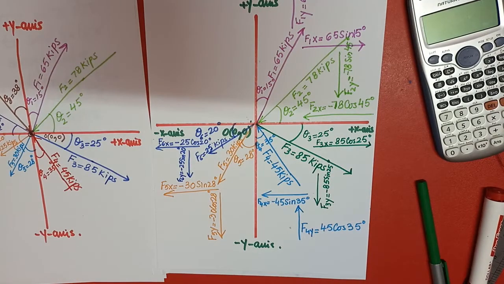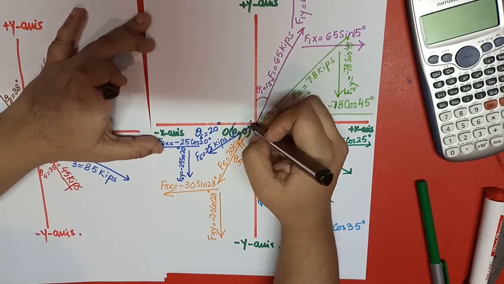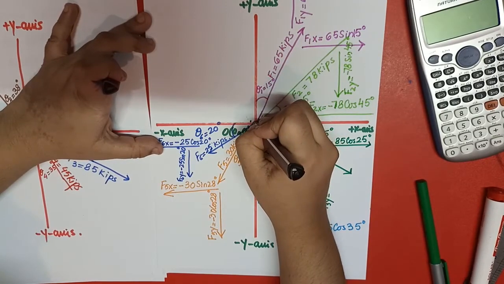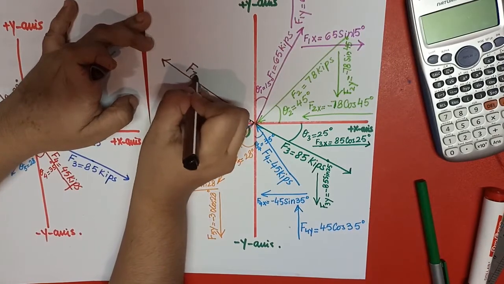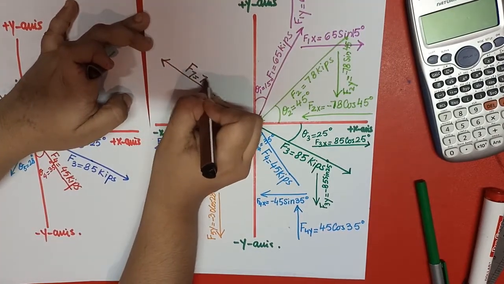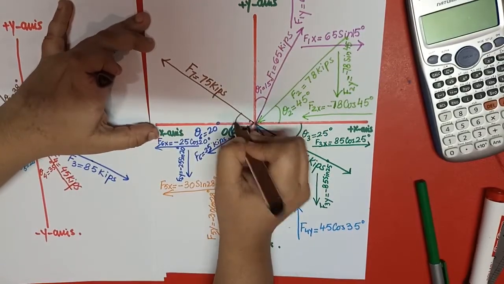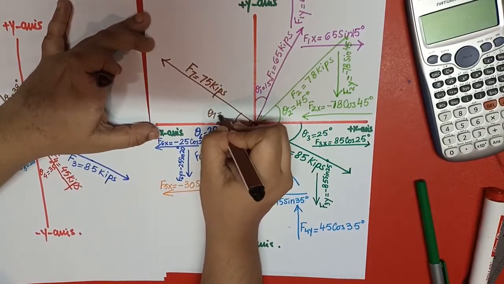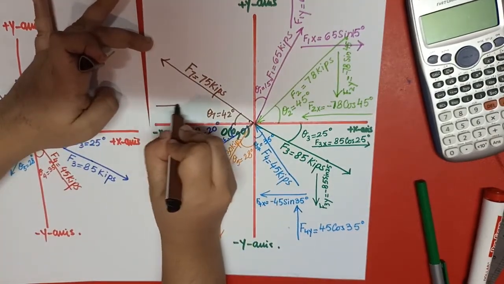Okay, we are using another marker for the 7th force, and the magnitude of the 7th force is 75 kips, so it is bigger than F4. F7 is equal to 75 kips, and theta 7 is equal to 42 degrees. So its components will be what?